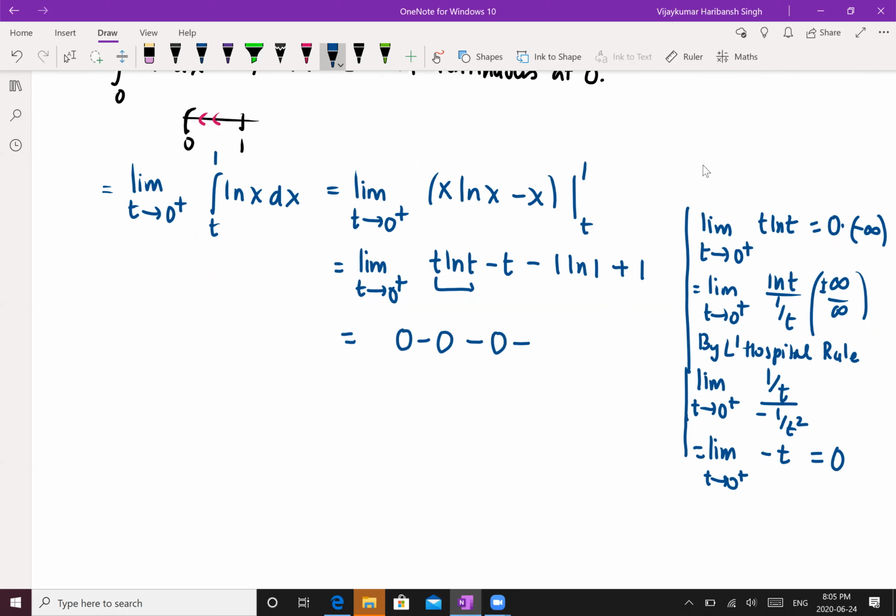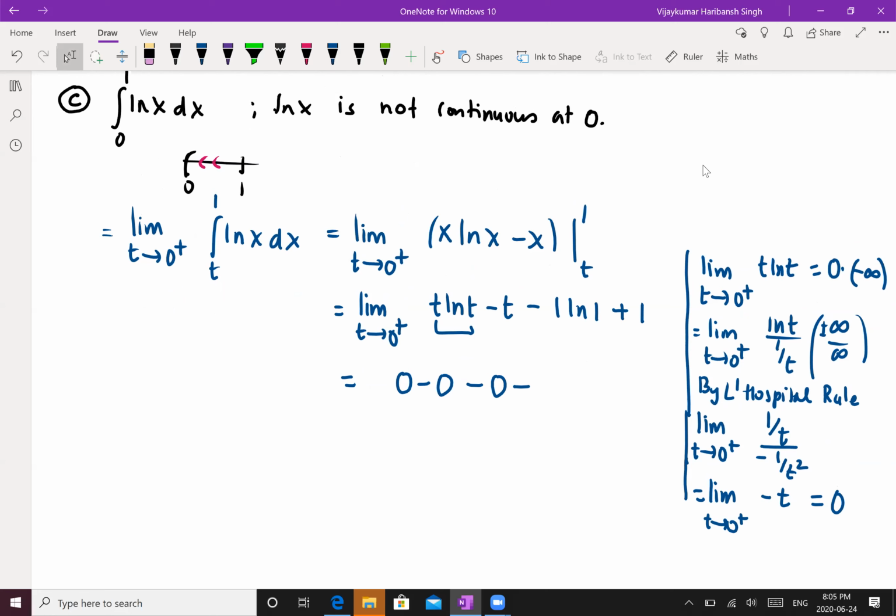And then we get what? When you put 1, you get, so hold on a second, I interchanged the limits. So this must have been t to 1, so this should have been the other way around. So let me put a minus sign here and interchange this.